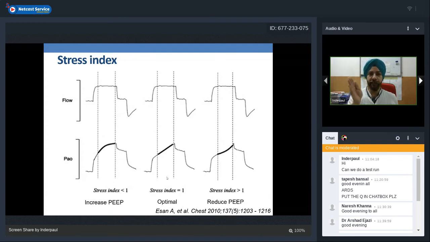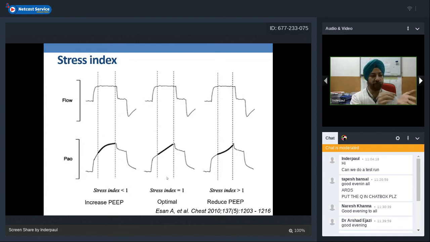Then there will come a point when you increase the PEEP by 1, and the plateau pressure will increase by 2 or 3. It means now you have reached a point where you are overdistending your alveoli by increasing the PEEP, and then you should set the PEEP about 1 to 2 centimeters below this point.